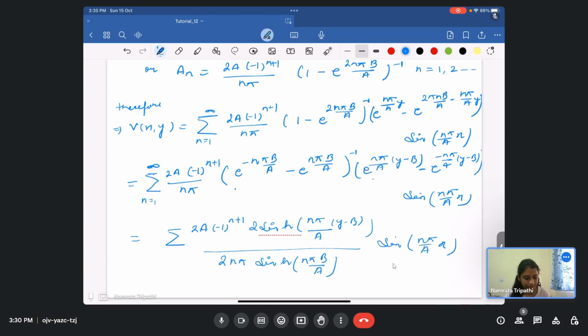Fine. 2 will cancel out. So this is v of x comma y.